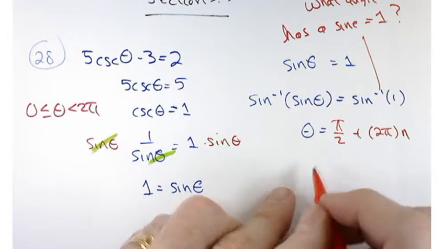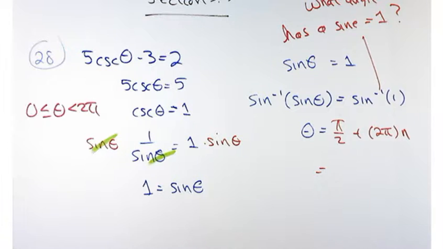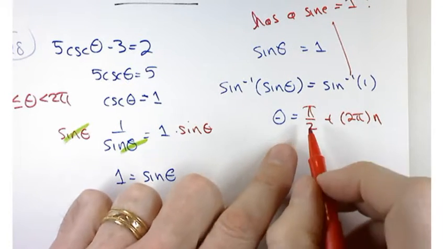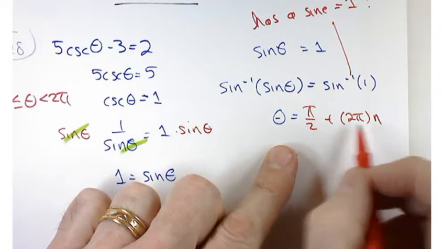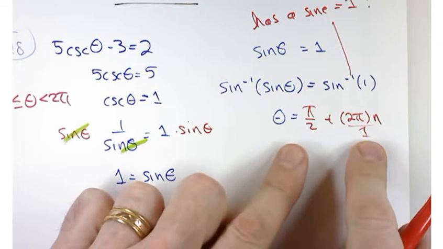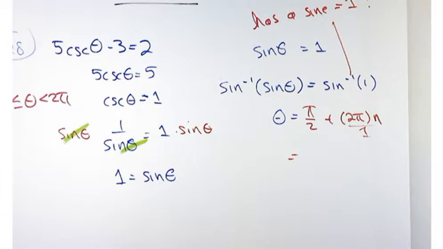Now, at some point, you're going to need to clean these things up a little bit and list out several solutions. So to make this a little bit easier, I'm going to do two things. First of all, I'm going to get a common denominator between these two. Right now, this denominator is 1. So a common denominator would, of course, be 2.